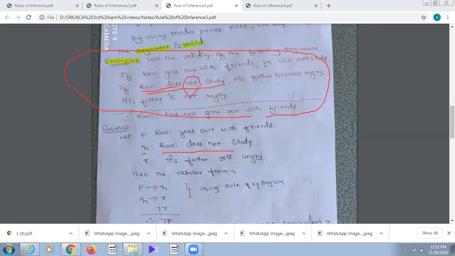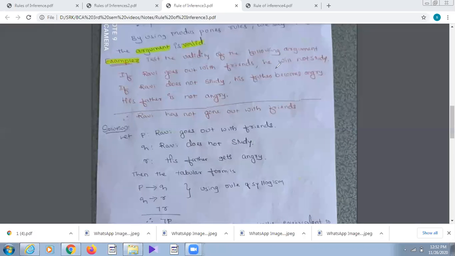Here also, Ravi will not study, so not study is there. That is why we take Ravi does not study.